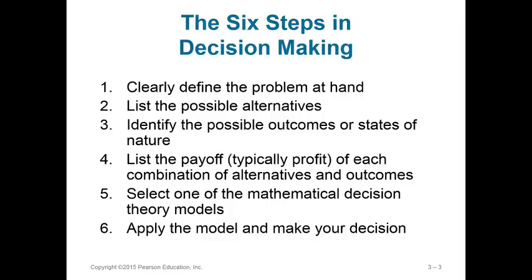So now you have a relatively well-defined problem, alternatives that you can take to either solve that problem or take care of an opportunity, situations that you're in, or possible outcomes, and then what's the payoff? In this situation, typically we're looking at profit.